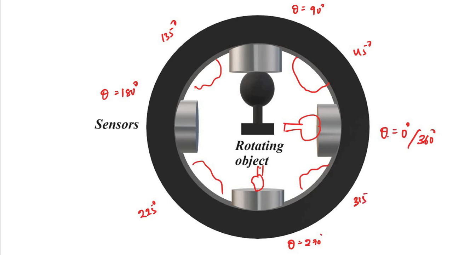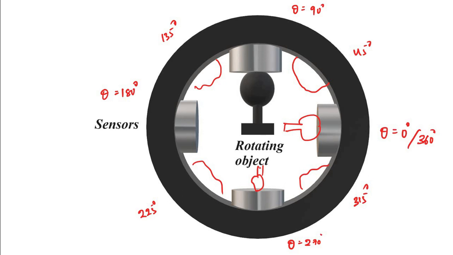Like this also we can place sensors. Then we can also measure at every 10 degree, 20 degree, 30 degree, like that also. If we want recordings, if we want data related to that, we can put sensors accordingly.